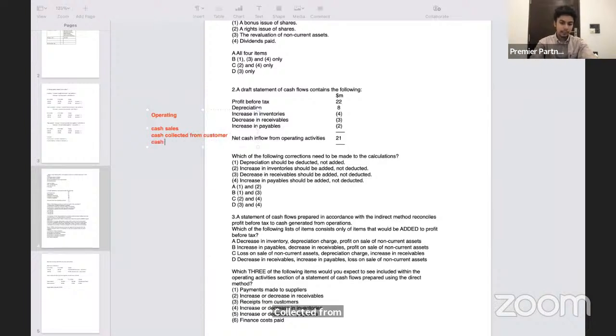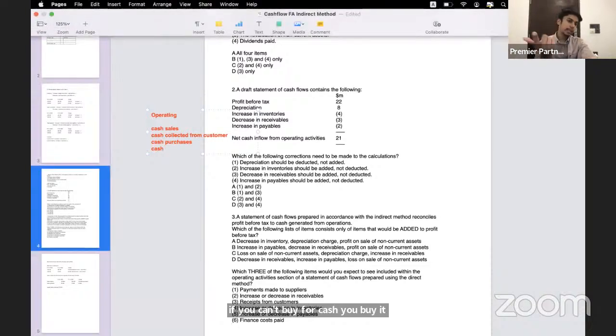Then we have cash purchases. If you can't buy for cash, you buy on credit, and we call it cash paid to suppliers. And then we also have operating expenses.